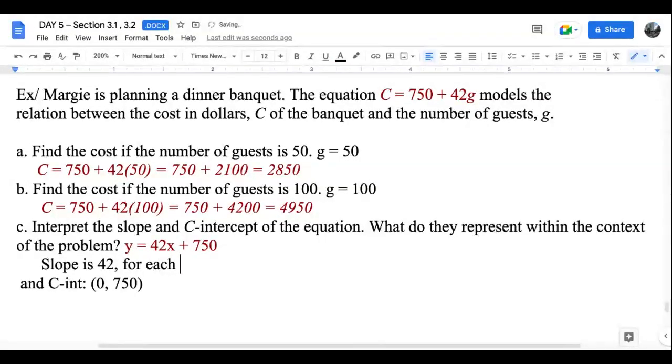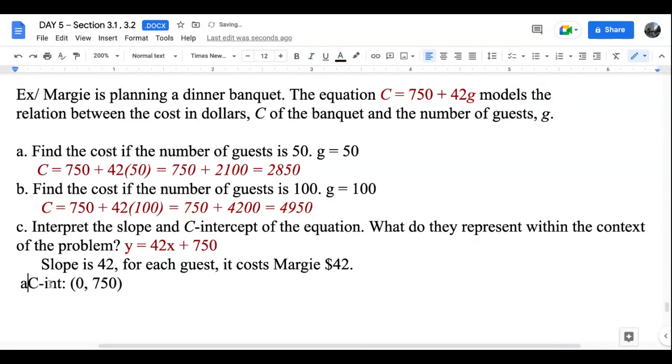For each guest, it costs Margie $42. That's what the slope represents, because it's 42 times how many guests she has.